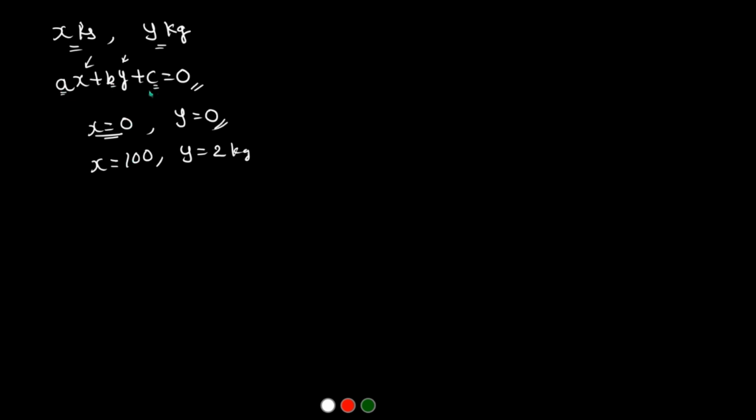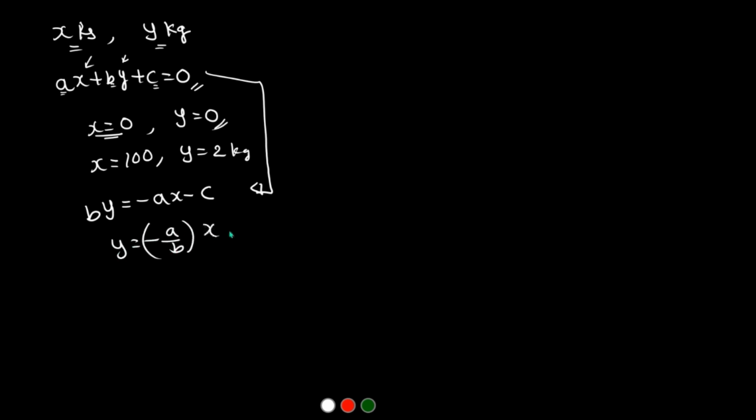But if you rearrange this, I will rewrite this equation into another form. I am keeping by on one side, then sending the other 2 terms to the other side, so it becomes minus ax minus c. Then y is equal to minus a by b x minus c by b.